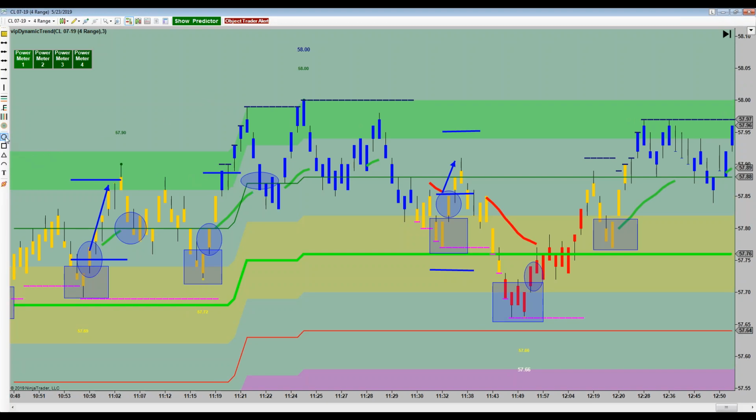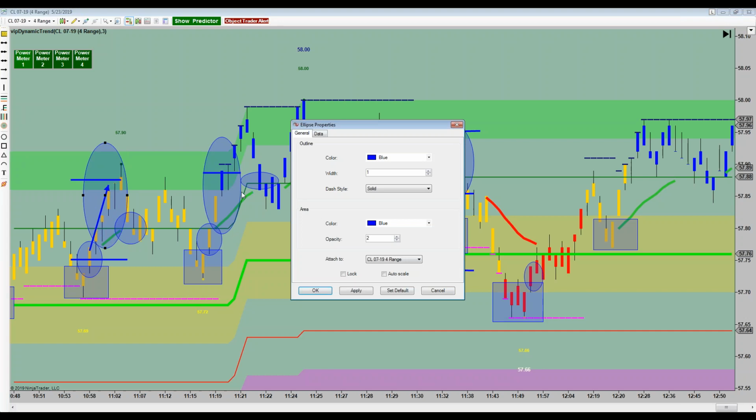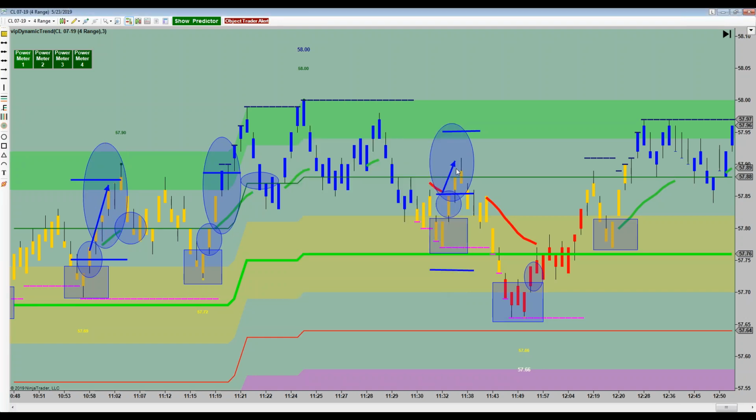Here's how I'm going to do it. What is different between what happens here on this trade and what happened over here on this trade? Let's call it trade number 2, long, mid-band bounce, and trade number 1 to the left. Let's call that trade 1 right here. Let's call this trade 2 and this trade 3.